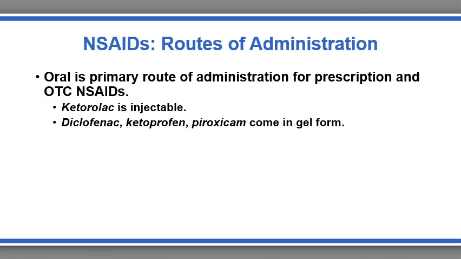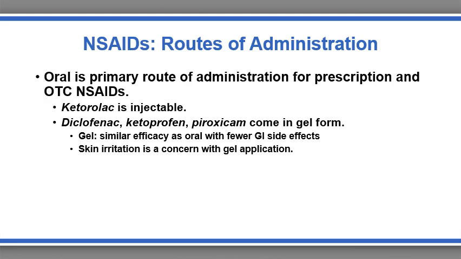Diclofenac, ketoprofen, and piroxicam gel are sometimes used topically. So it's a gel. It has similar efficacy as the oral with fewer gastrointestinal side effects because it's not having to be absorbed through the GI tract. Now, here there's something different you'd have to take into consideration, and that is skin irritation, obviously, with a gel delivery.